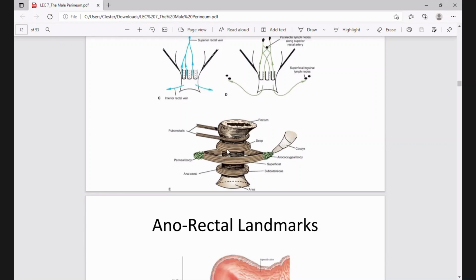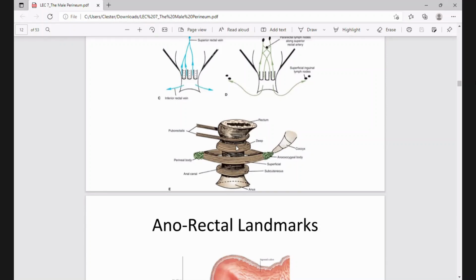They just go around like that. Unlike your superficial component of the external anal sphincter, which is attached anteriorly to the perineal body and posteriorly to the anococcygeal body. Now, the external anal sphincter is under voluntary control.